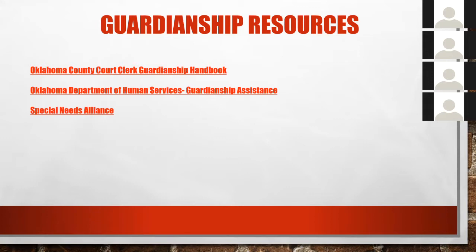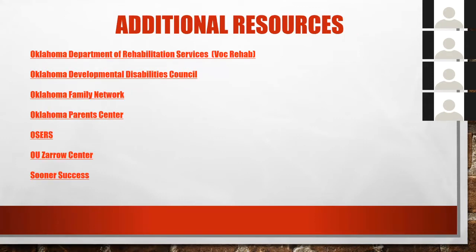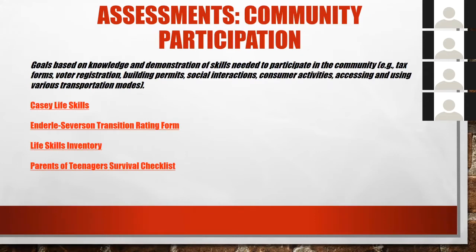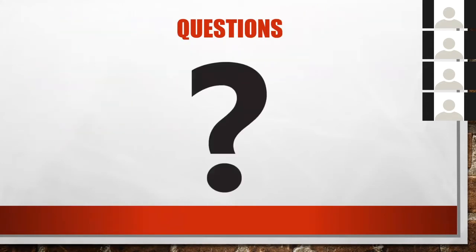Okay, the next question is, how close to graduation should the summary of performance be included? We don't have an Oklahoma policy that answers this. I believe the guidance that the Zero Center was giving in the past was around 30 days prior to graduation.